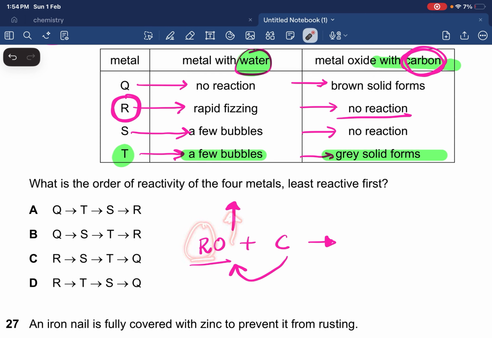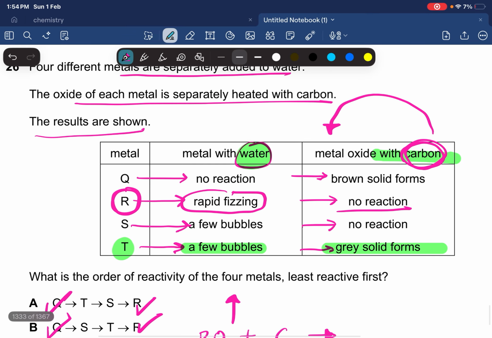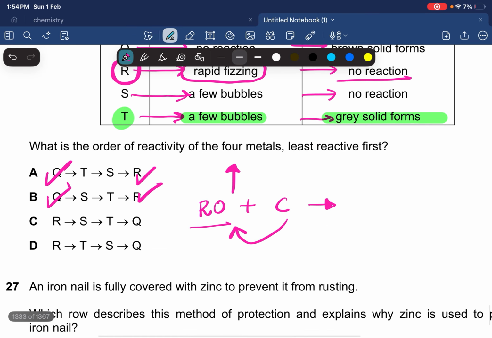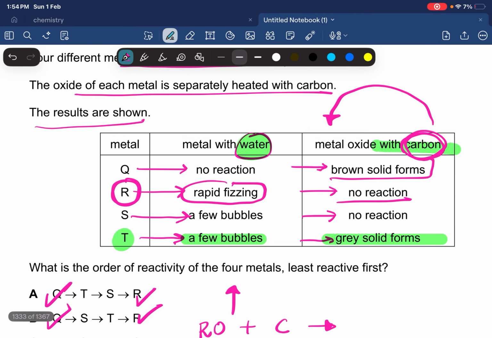So over here, the most reactive is going to be R. Least reactive is going to be Q, because if you have an oxide of Q, which is QO, carbon can easily displace Q and form whatever this brown solid is, right?